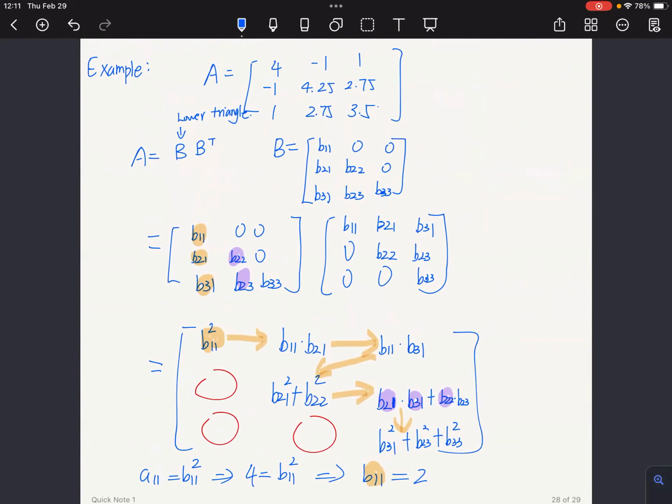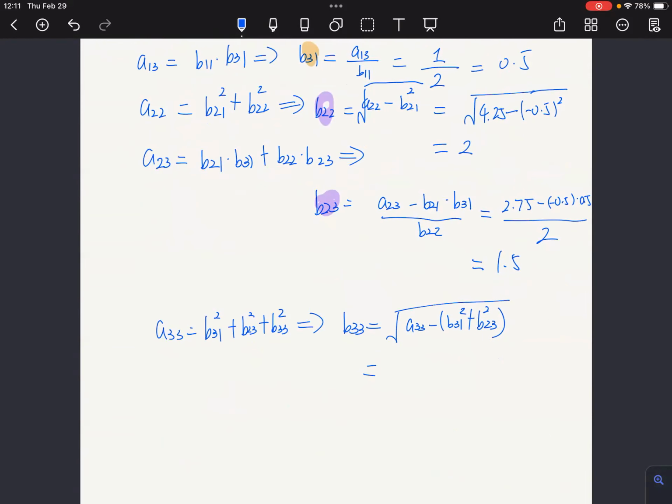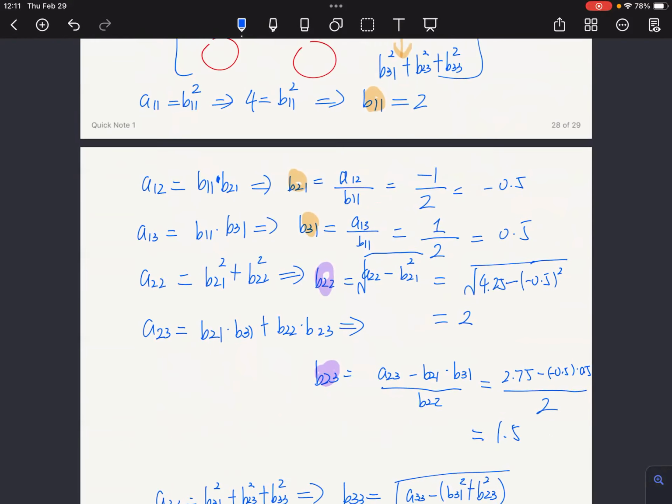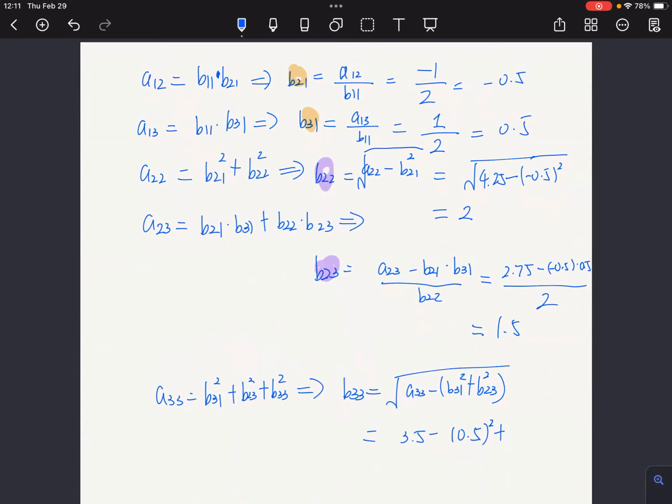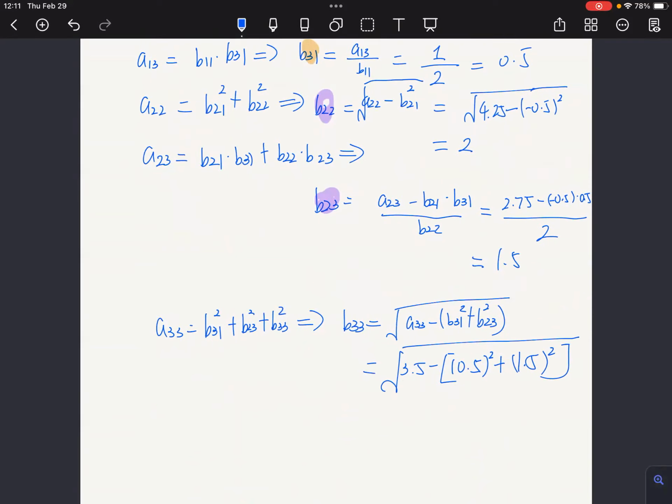A33 is the 3.5, and I'm going to use the 3.5 here, and then subtract the B31, which should be the 0.5 square, and then B23. Am I right here? Yes, B23. Where's B23? B23 is the 1.5 square. And doing the subtractions and then using the square root, we have at the end B33 equals to 1. So now we already know all the non-zero elements in the B matrix.